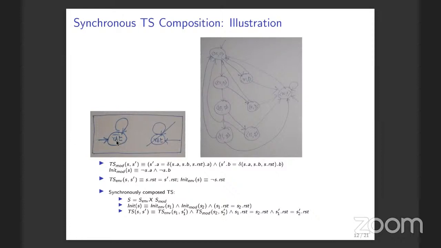What does this say? Because this says, the environment says, my next value of reset should be 0.